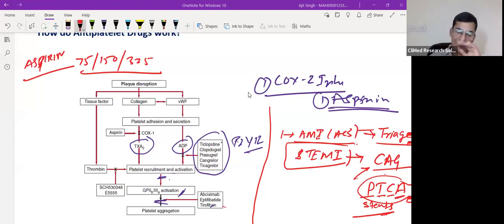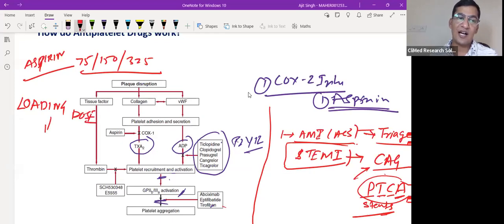Okay guys, let me explain. Whenever the patient comes for the first time, before the procedure, with ACS or with CAD, coronary artery disease, the first dose we give is called the loading dose.